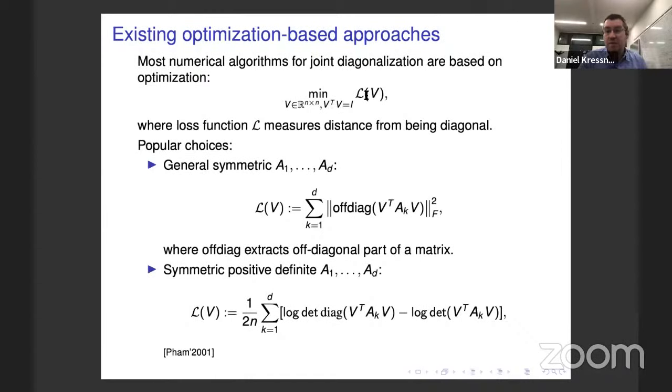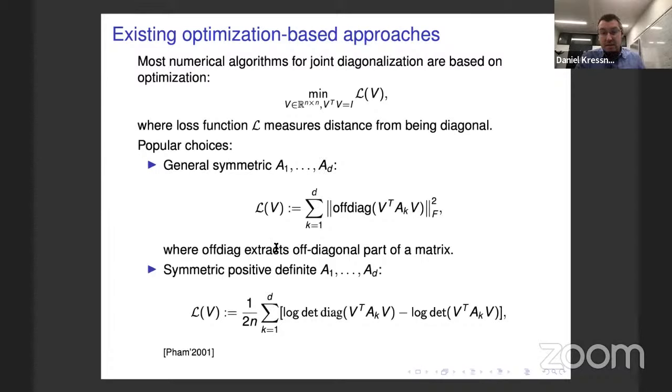And then you have some loss function which measures how far you are from being diagonal. The most natural criterion is to look at the off-diagonal parts. Essentially, off-diag sets all diagonal entries to 0, and you measure the Frobenius norm of the off-diagonal part, and then you combine the Frobenius norm for all the matrices.